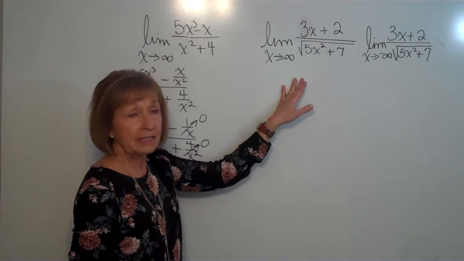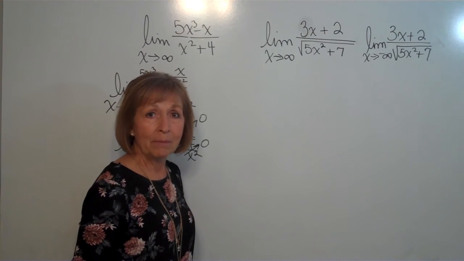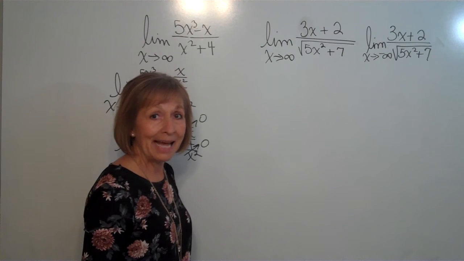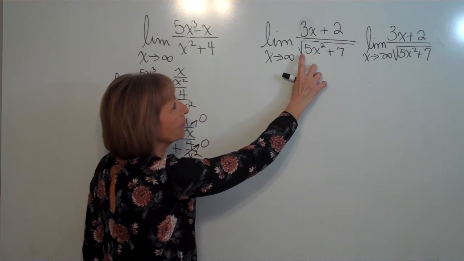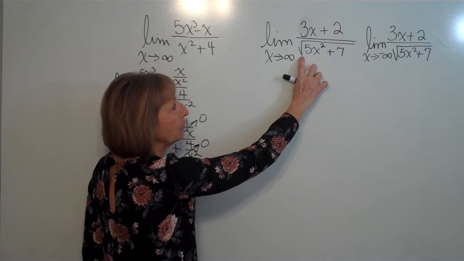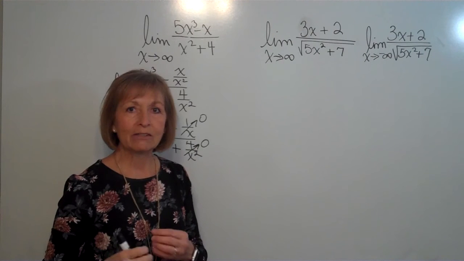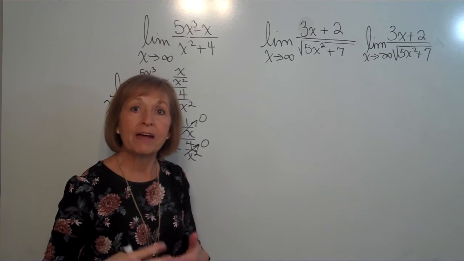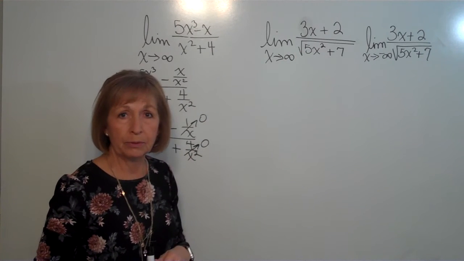How about the second one of these examples? Well, here I want to divide top and bottom by the highest power in the denominator, but the denominator has a radical, a square root of an expression. Now I just want to get the idea of what the overall effect of the power would be, and it's a square under a square root.